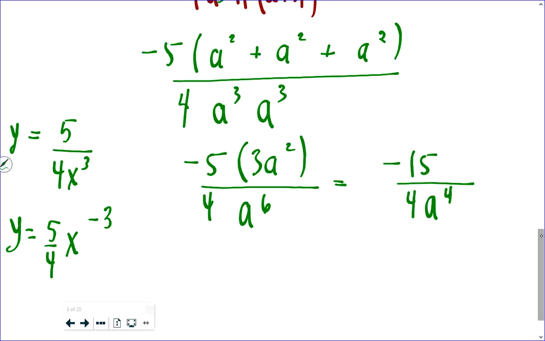If I take that exponent and multiply by 5 quarters, I get negative 15 quarters. And if I subtract 1 from that exponent, it becomes negative 4. Works with negative exponents too. Right? Remember how you took the 3 times the 2 and then you dropped 1 from the exponent? Works here too. Won't always work, okay? But it does a lot of the time.